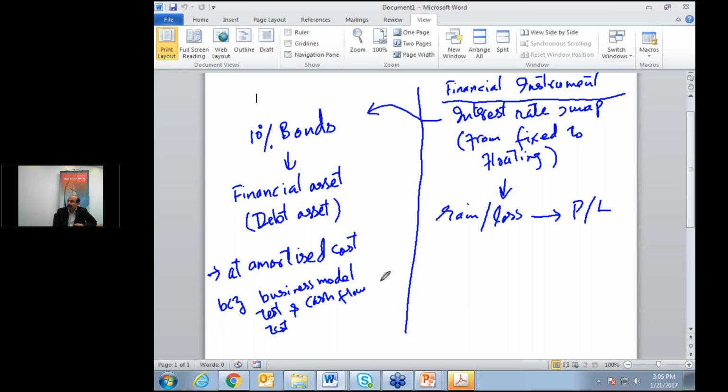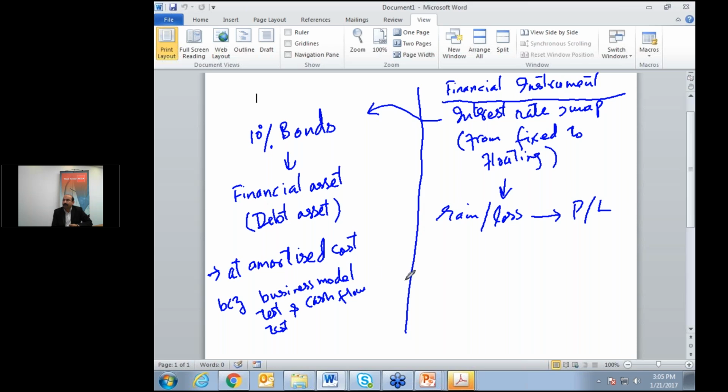So the standard says, because here it is being measured at amortized cost, this means the changes in the market interest rate will not affect the carrying value of this asset.